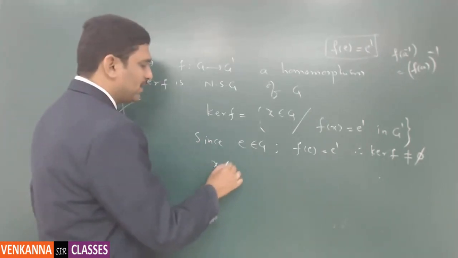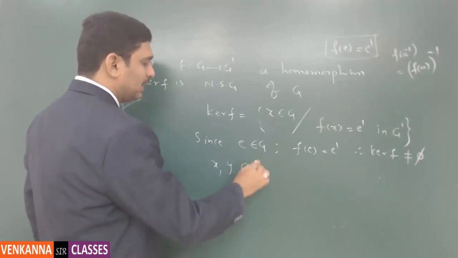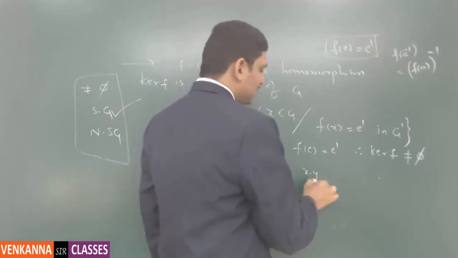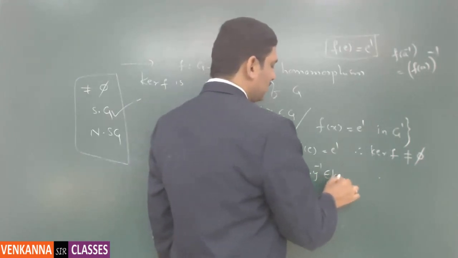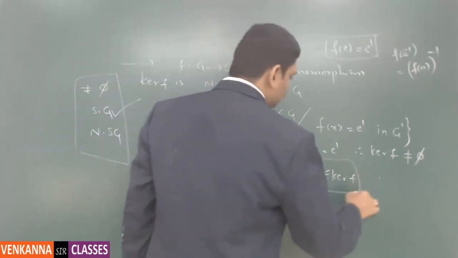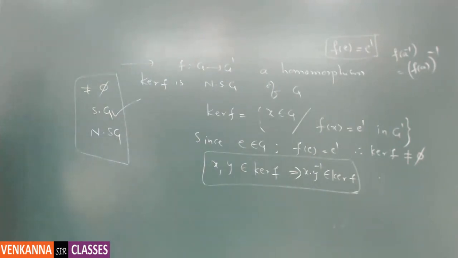If I take two elements x and y in the kernel, I have to show that x y inverse belongs to the kernel. If I have shown this condition, then as per the necessary and sufficient condition, kernel f becomes a subgroup.